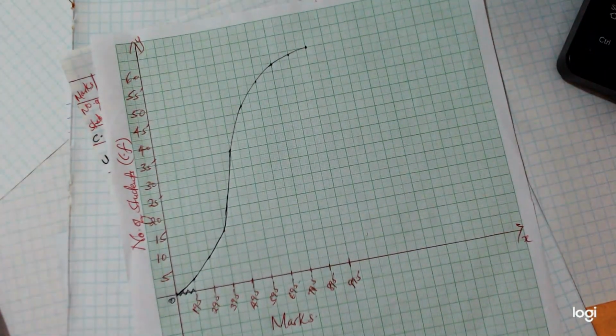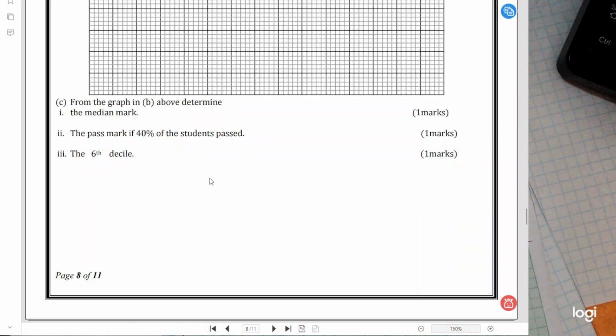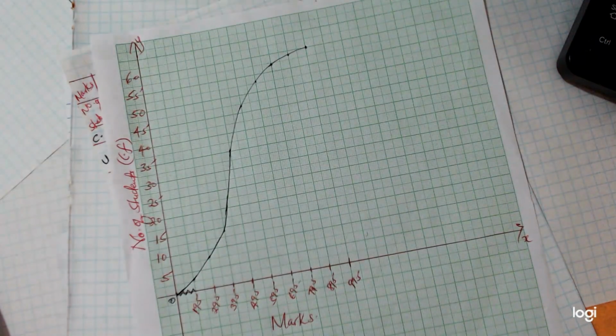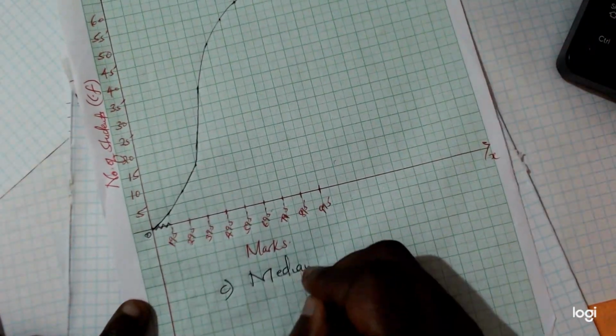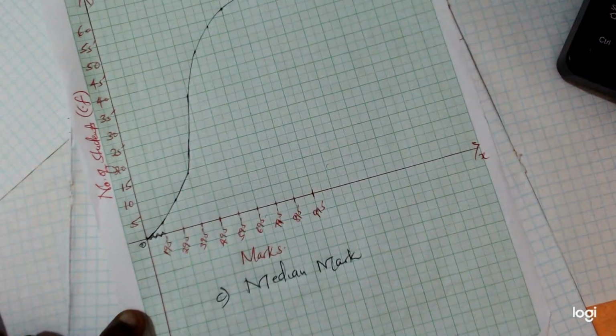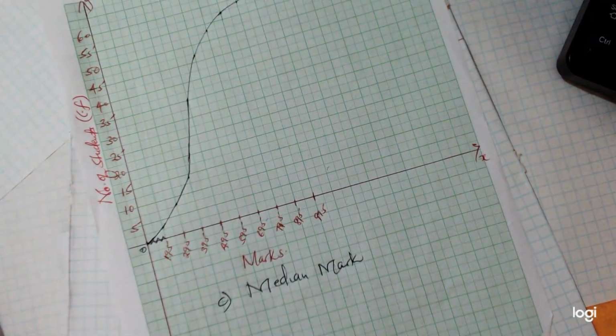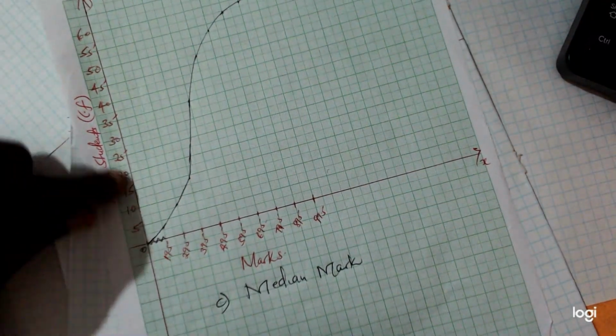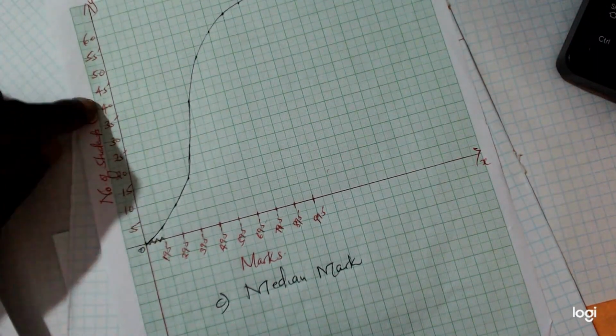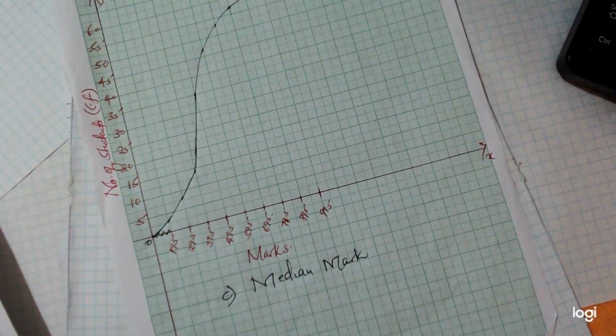Now we can go to the questions. From the graph in B above, determine the median mark. So the median mark means half of these students.